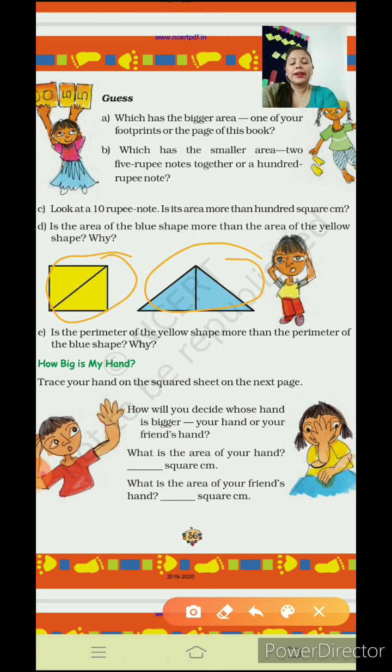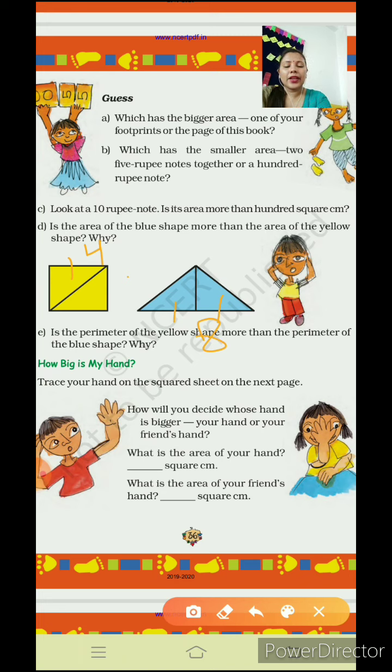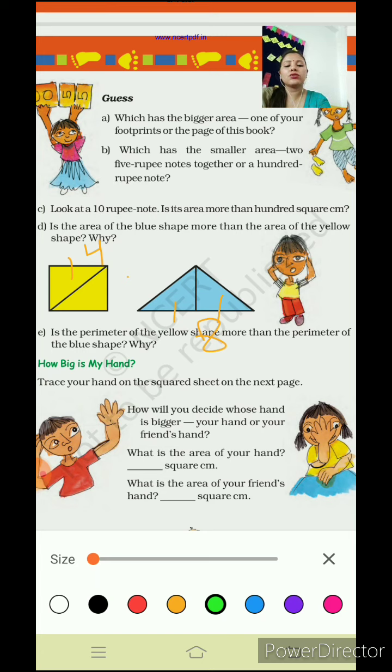Okay, next: is the perimeter of the yellow shape more than the perimeter of the blue shape? Why? क्या yellow shape का perimeter blue shape के perimeter से ज़्यादा होगा? Suppose this one is 4, so all sides are 4. The perimeter of the yellow shape, the square, is 4 into 4, 16 centimeters.